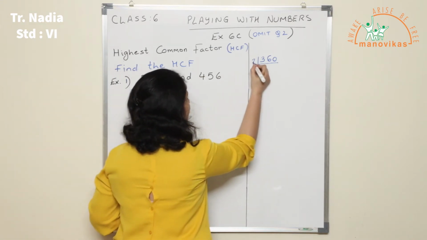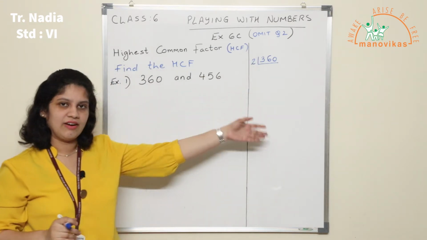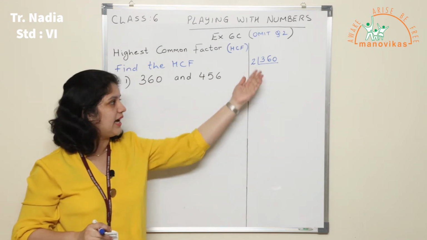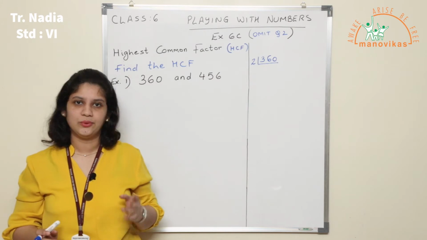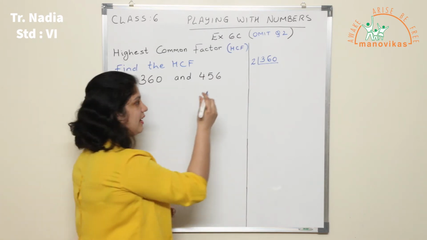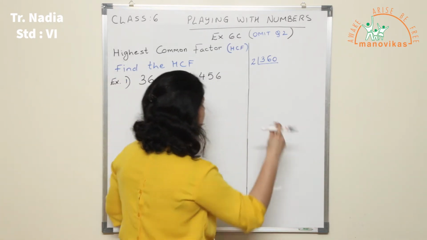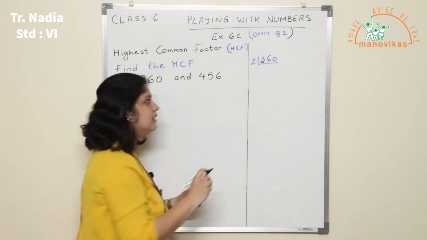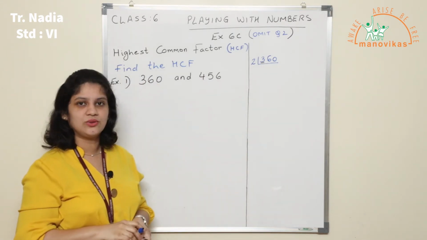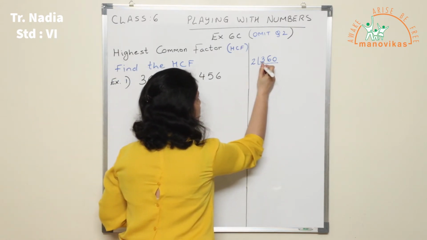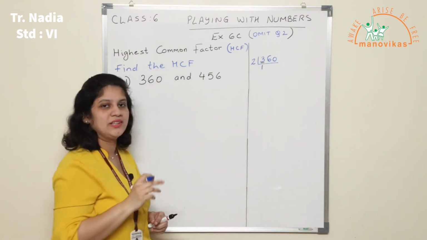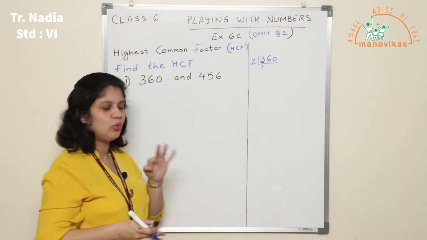So let me try dividing 360 by 2. Here once again children, if you are not good at direct division, please use a rough paper and divide 360 by 2 over there. I am going to divide it directly. First I will take only 3. In the table of 2, what is closest to 3? It is 2 ones are 2.